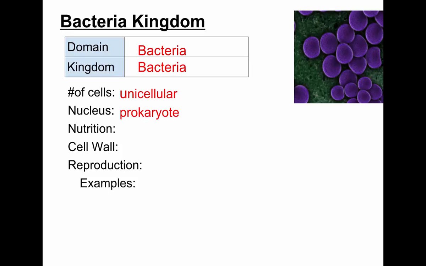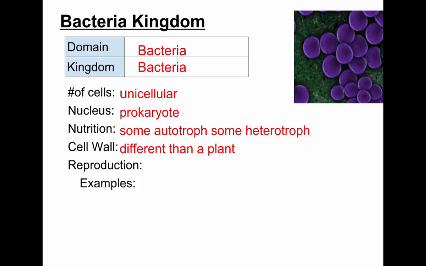All right, they are prokaryotes. Some are autotrophs, some are heterotrophs. Archaea, bacteria, plants, and fungi all contain a cell wall, although the cell walls are each composed of different material.